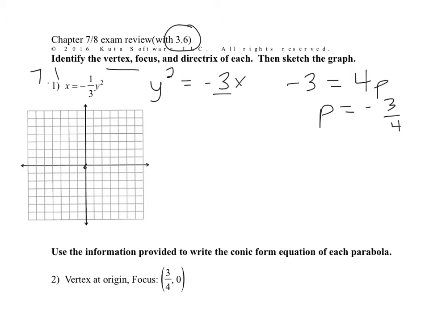And because y is being squared and not x, this is a horizontal, or sideways, parabola. And since p is negative, it's facing to the left. So the focus is the point -3/4, 0.